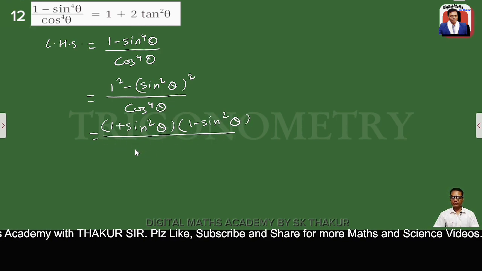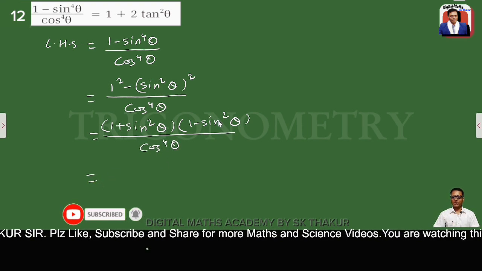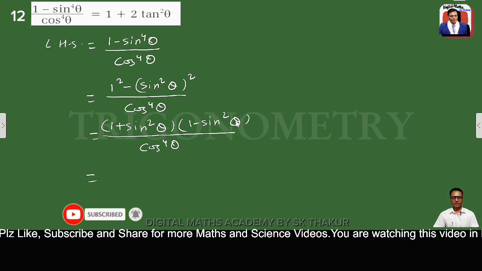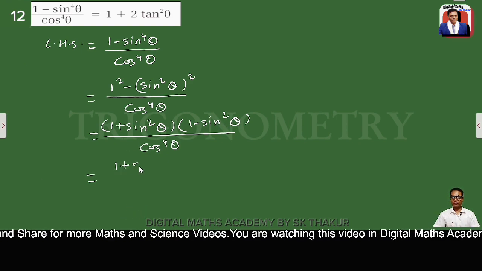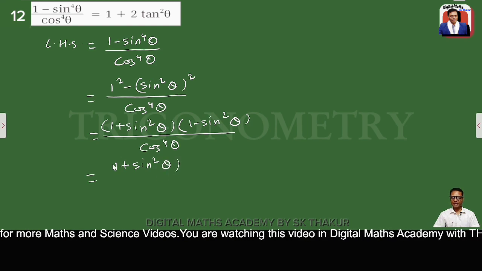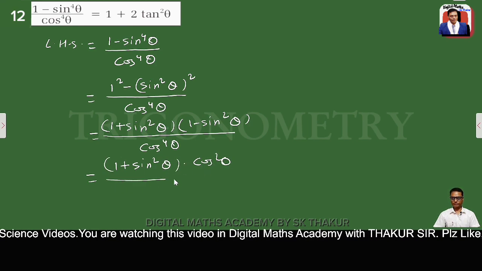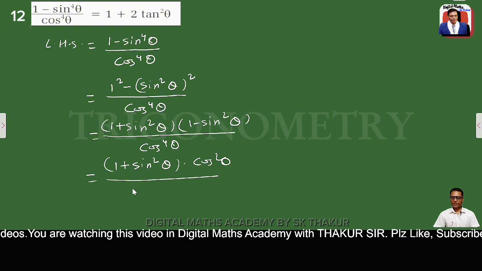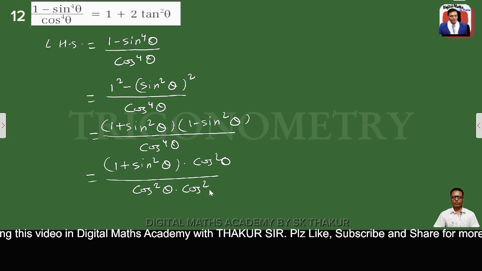At the denominator we write cos to the power 4 theta. Now we see 1 minus sin square theta gives us cos square theta. So we write here 1 plus sin square theta as it is, and here we can write cos square theta. And cos to the power 4 theta, we can write it as cos square theta dot cos square theta.